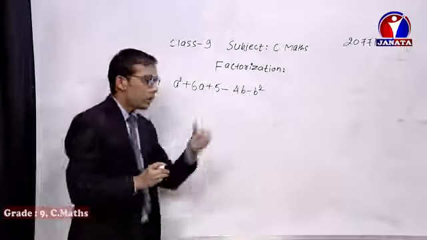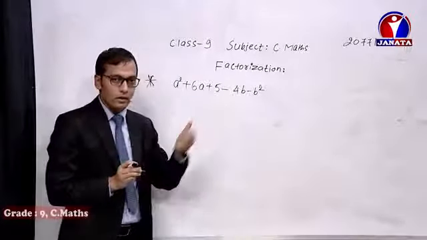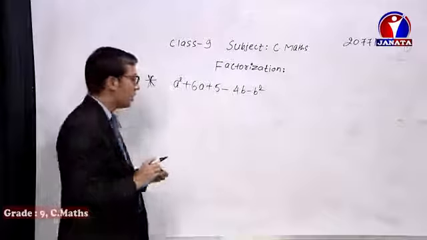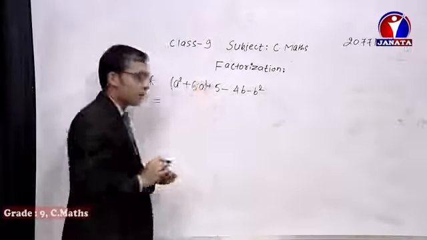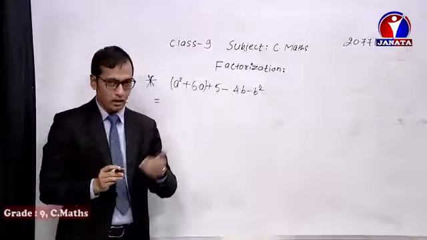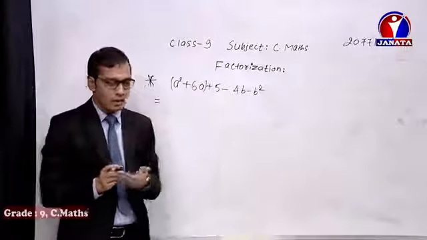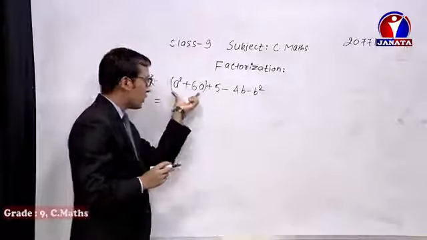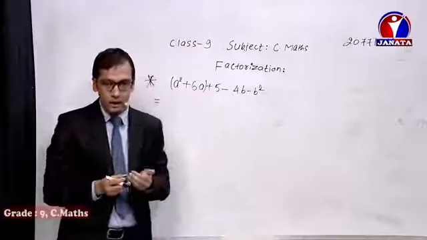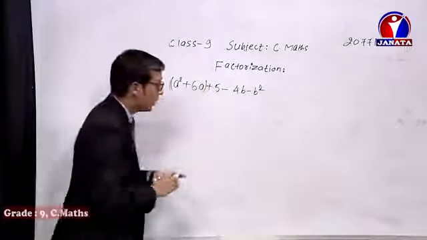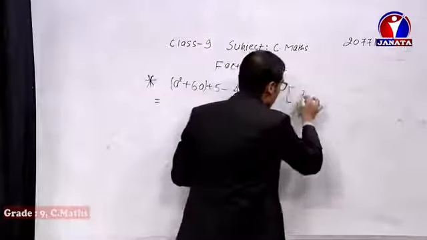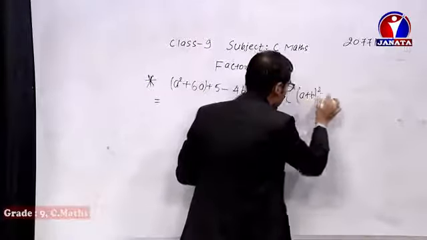It has 5 terms. For this type of factorization, first of all, let's insert these 2 terms in a bracket. Why am I doing this? I am inserting 2 terms, a square plus 6a, in a bracket. I am trying to convert this into a perfect square, into a plus b whole square form.